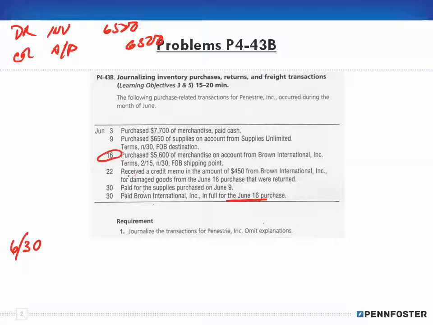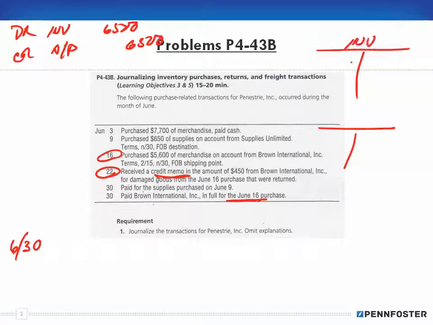But on June 22nd, we also had a credit memo, right? Remember the June 22nd. So, even though it says June 16th purchase, we have to go back through our entries, and that's where making T accounts helps in this respect.